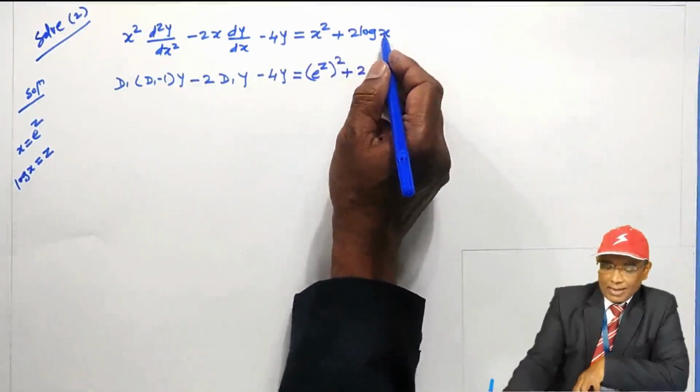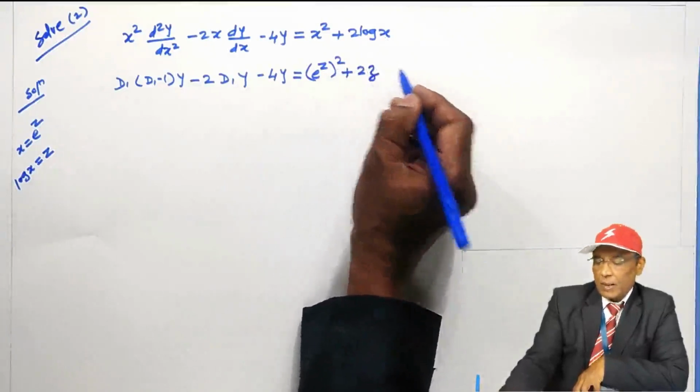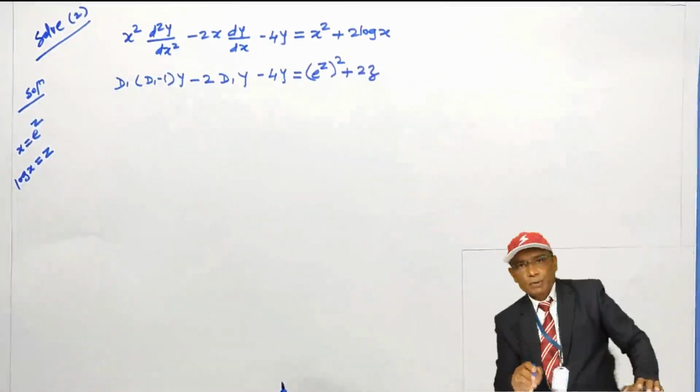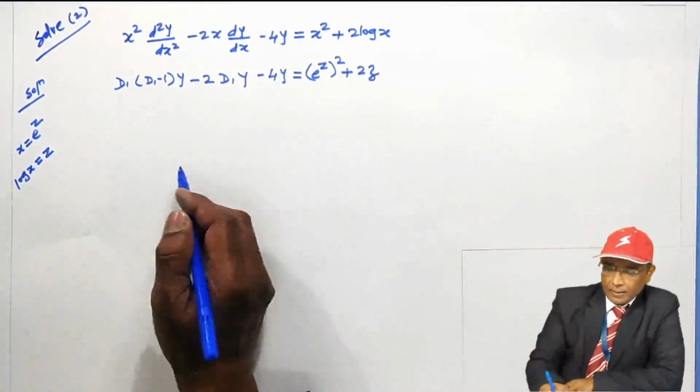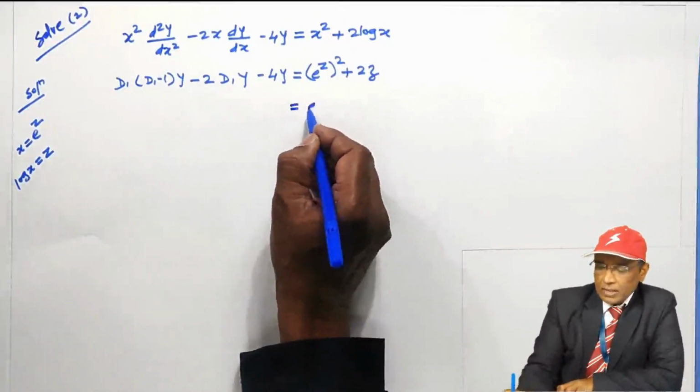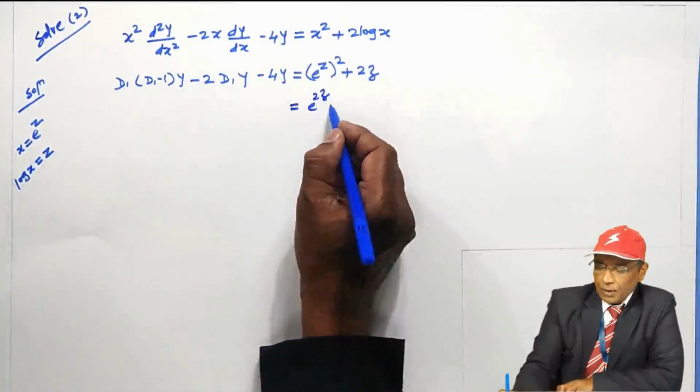And this log x is z. You should not confuse between my 2 and z. Okay. Now right hand side e raised to power 2z plus 2z.